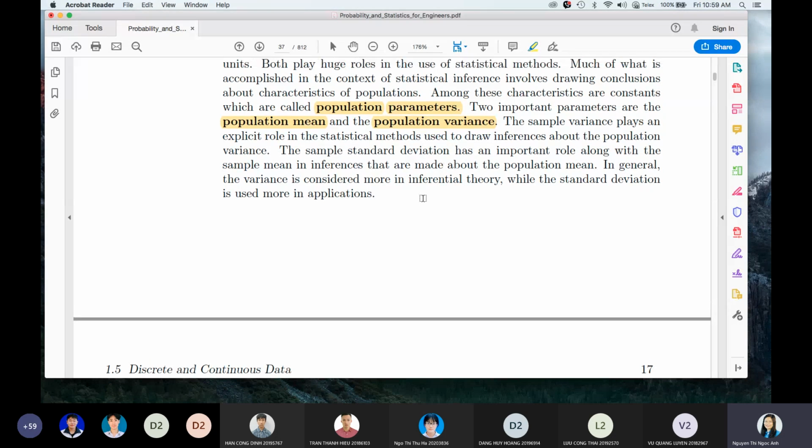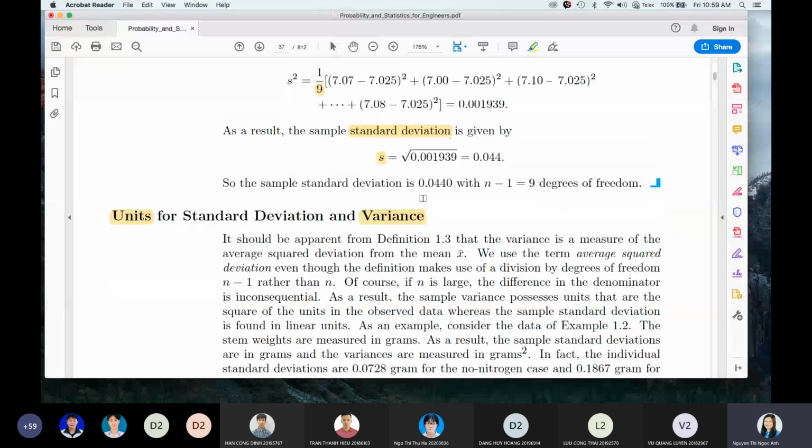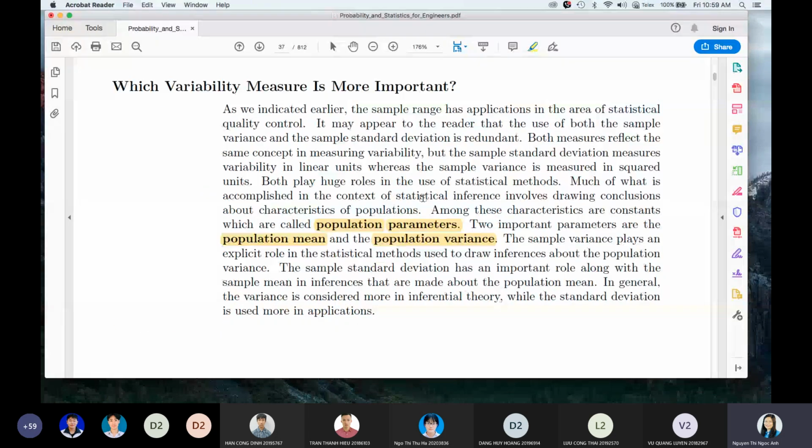From the sample, we find two values: the first is the sample mean, and the second is the sample variance. We hope that the sample mean and sample variance can estimate the population mean and population variance. The method to find out the population mean and population variance is called statistical inference.